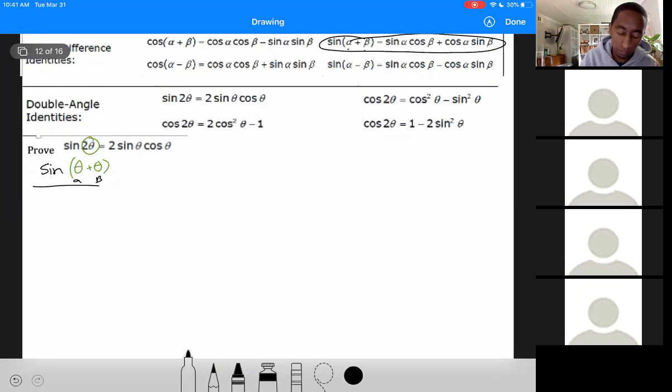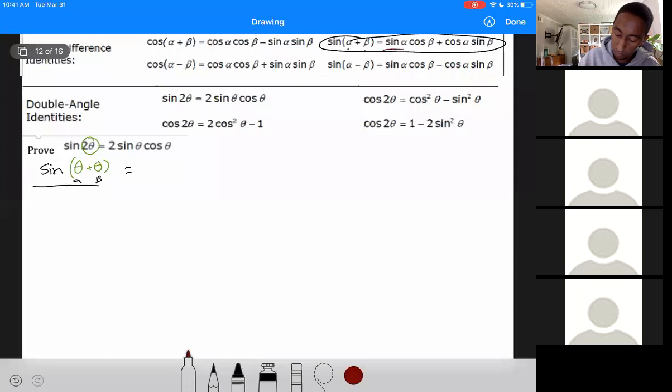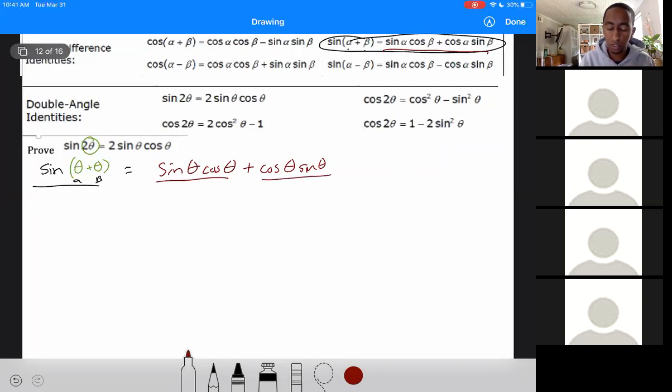And so if we do that, we can use this, and it's going to be sine of theta times cosine of theta plus cosine of theta times sine of theta, because we're saying alpha is theta and beta is theta. And what ends up happening here is you have sine of theta cosine of theta plus cosine of theta and sine of theta.